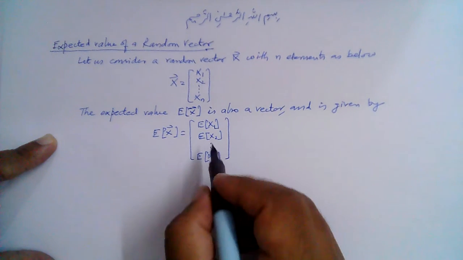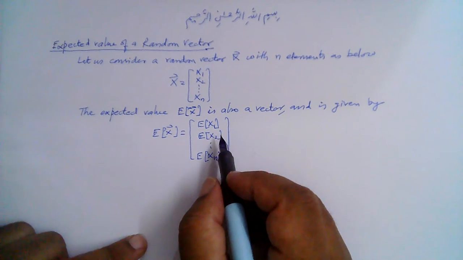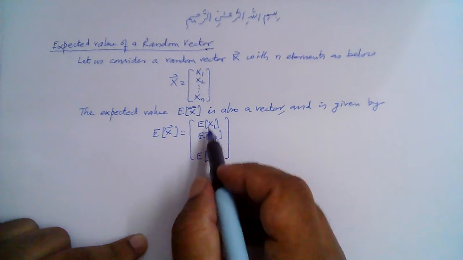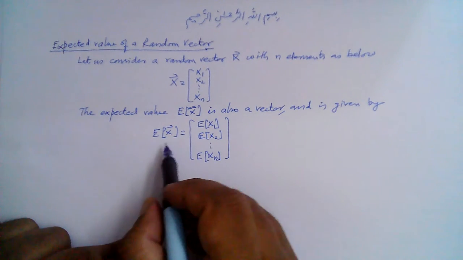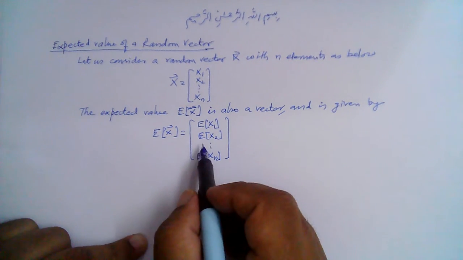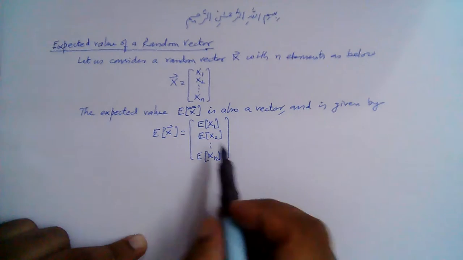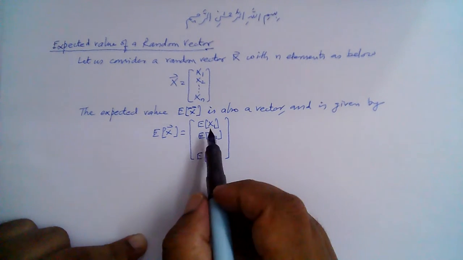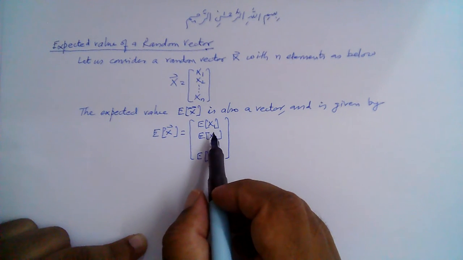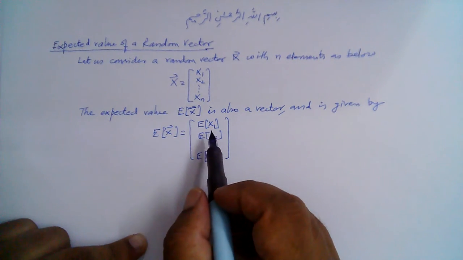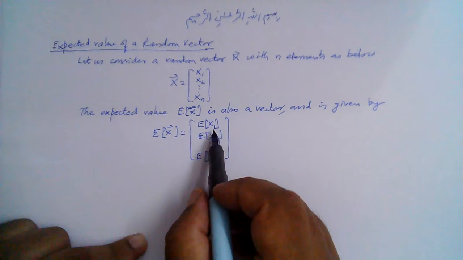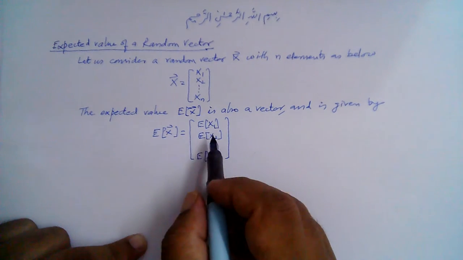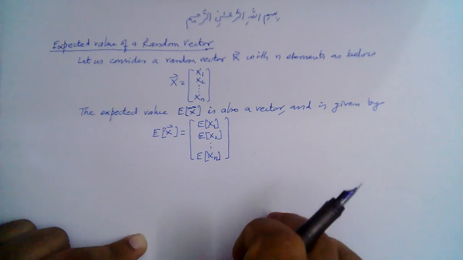So this vector of the expected values is the expectation of the random vector. It comprises the individual expected values of each of the elements. So we need to calculate the expected value of each individual element to get this vector of the expected values.